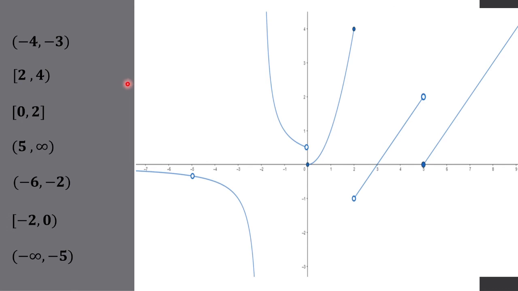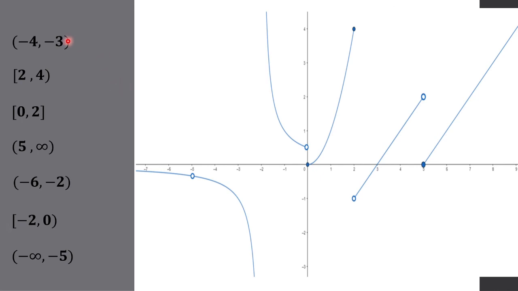Now let us identify if the given function is continuous on the given interval. So this time, we're not just looking at a specific value of x, but we are looking at a span of values of x. So we have to be mindful of the given interval, if it's open or closed interval.